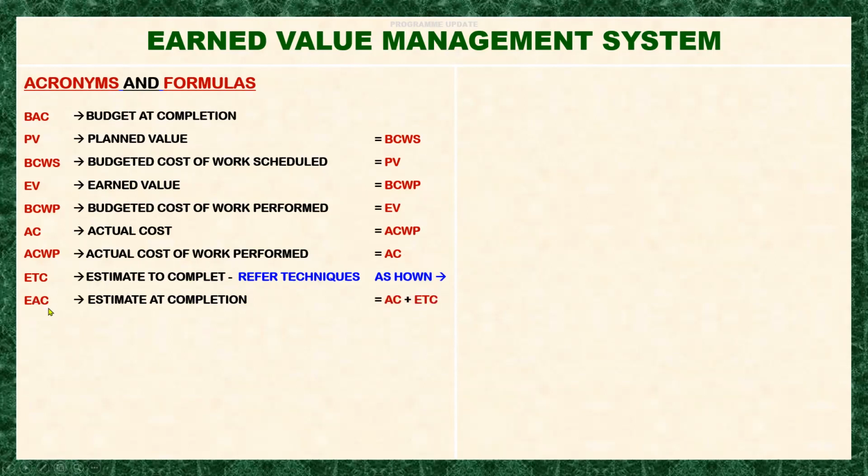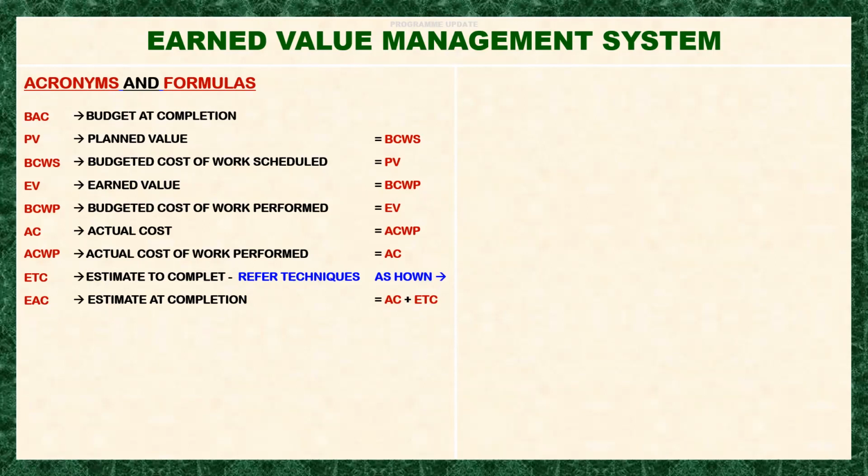The estimate at completion is the actual cost, or what you have spent, plus the estimate to complete, meaning your projection of the cost going forward on doing your project.